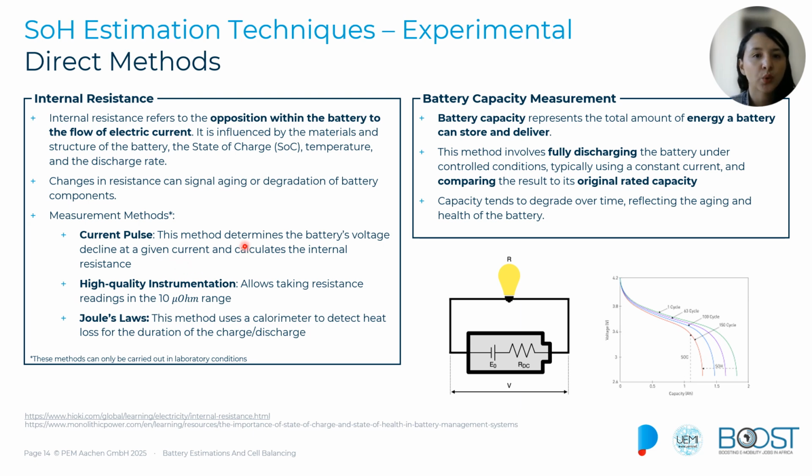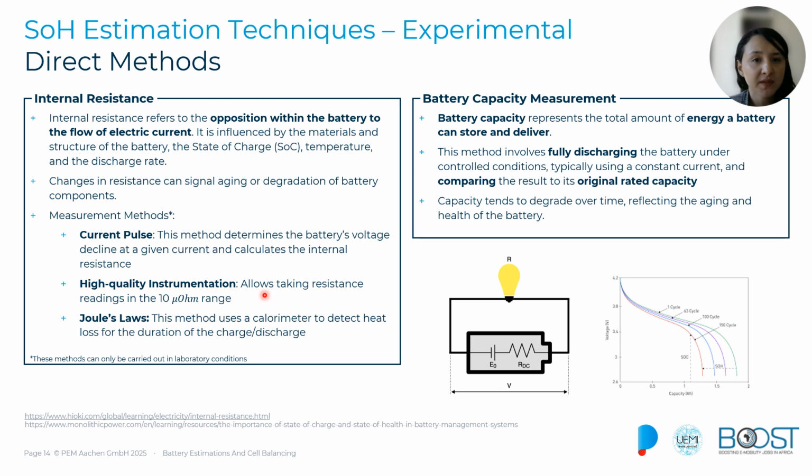We apply to the battery a very brief pulse of current, and then we see the voltage response that we receive. That voltage response is analyzed, and in such a way we can determine the resistance.